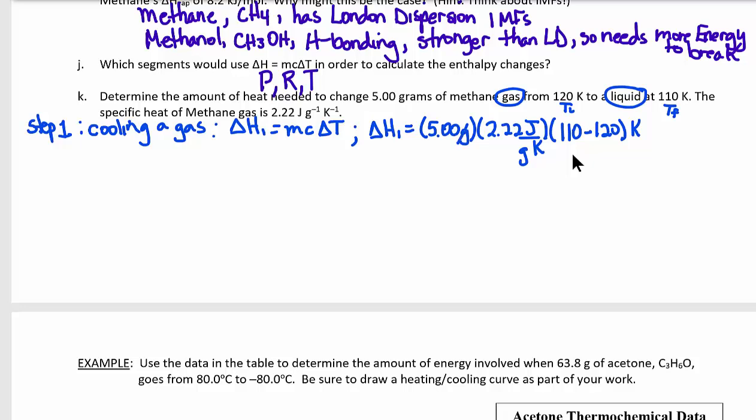I have a gram in the numerator and a gram in the denominator, so it cancels. Kelvin in the numerator, Kelvin in the denominator, so it cancels. And my delta H sub 1 for step 1, if I multiply and divide all of this, is going to equal negative 111 joules. All right, so we're going to keep this. This is step 1.